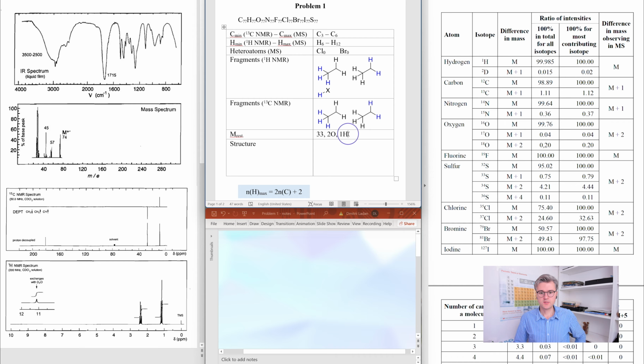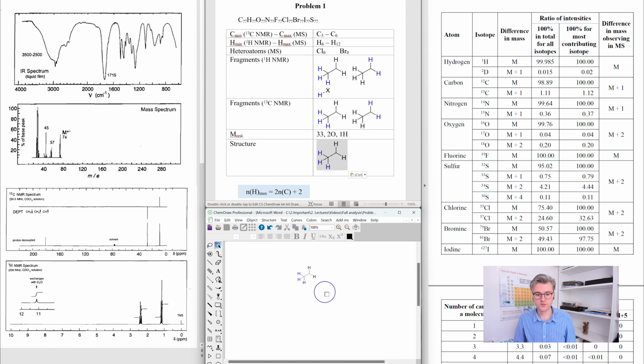So it looks like we have a carboxylic group, because we have a fully substituted carbon, 2 oxygens, and 1 proton, and I think you already guessed what the structure is. Of course, it's propionic acid.